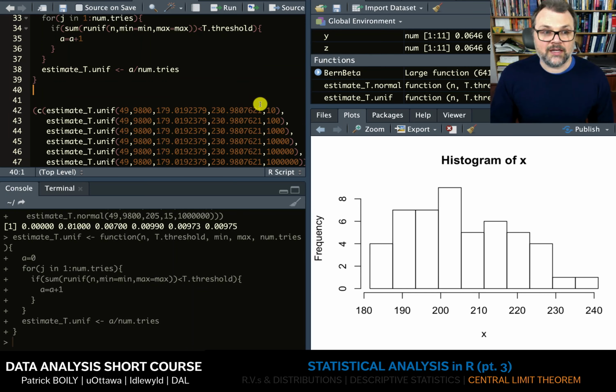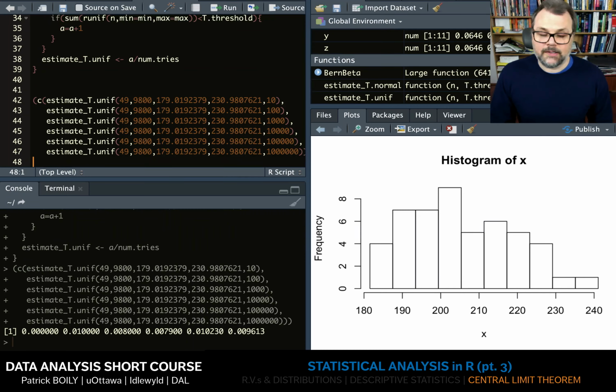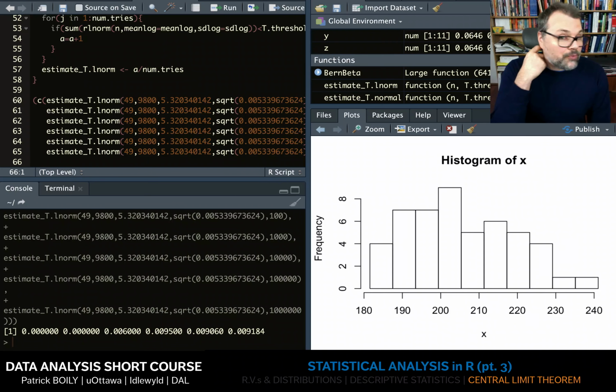So I'll do it with 10, 100, 1,000, 10,000, 100,000, and 1,000,000 cases. I get sensibly the same results here. About 1% of the time, independently of whether I use a normal distribution or a uniform distribution. It's not too surprising because all of these results are part of the central limit theorem.